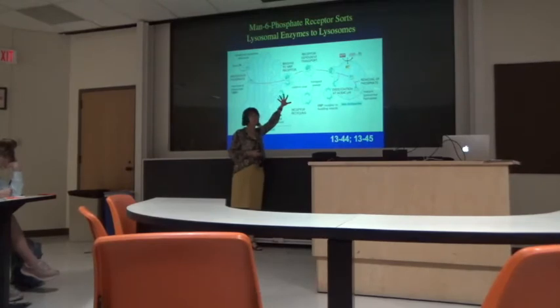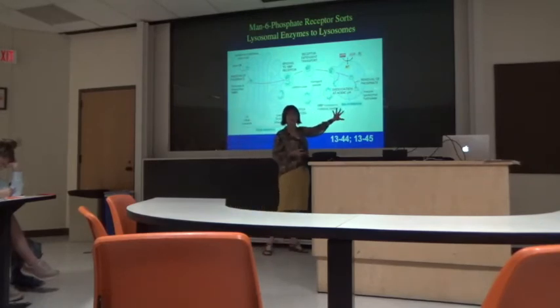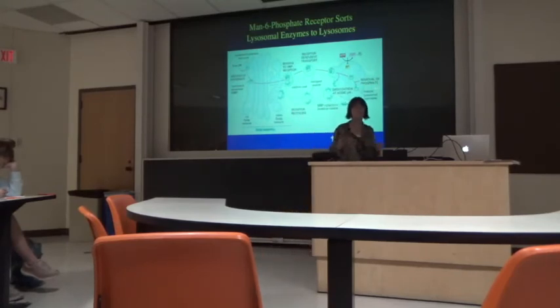And the AP1 plus clathrin coats recognize this mannose-6-phosphate receptor. It will carry those lysosomal enzymes over to late endosomes, and these will become lysosomes. So that's how we divert proteins away from the trans-Golgi network.